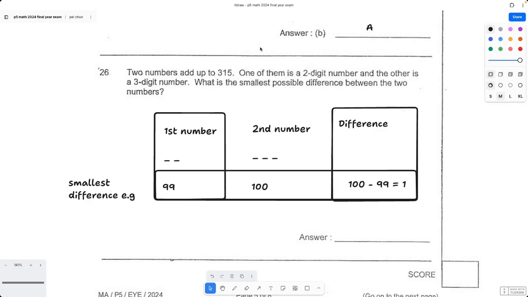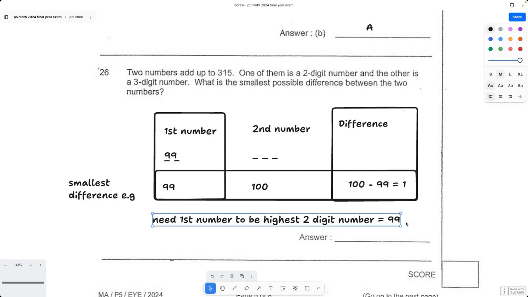Okay, so we need to have 315 for both first number and second number. So we already know first number should be 99 lah. So I'm going to put 99 over here because it's the highest. So basically need first number to be highest two-digit number, which is equal to 99 in this case, right?